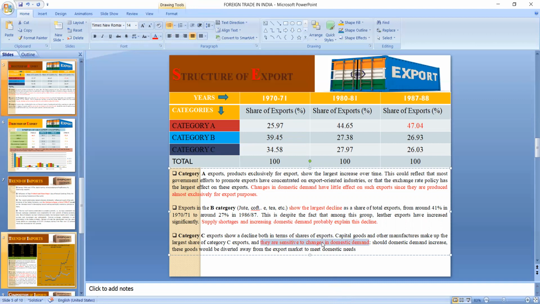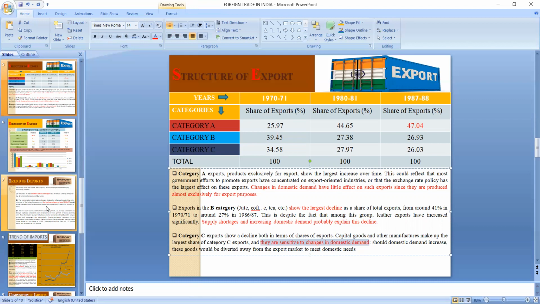So at that time, domestic demand for such commodities was very high, and it had an impact on the share of exports. So in this slide, we have discussed the causes, the composition of exports and their performance over the years, and the factors that influence the composition or trend of export over the years.